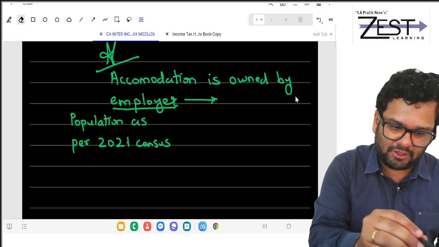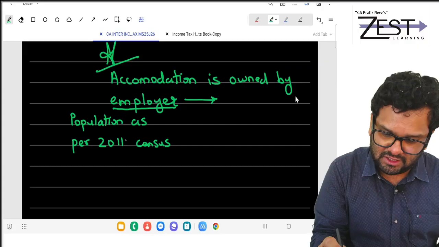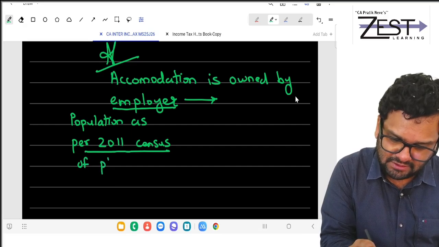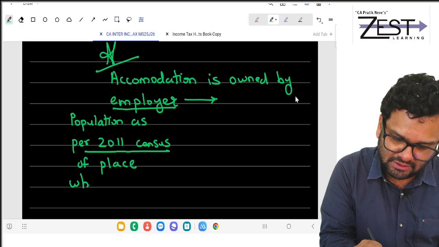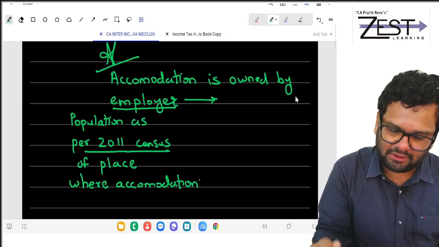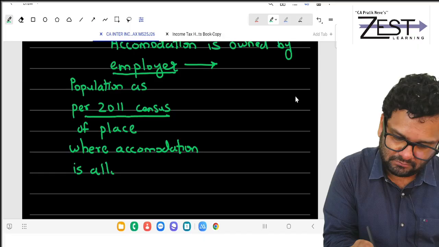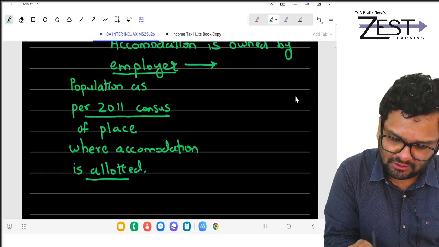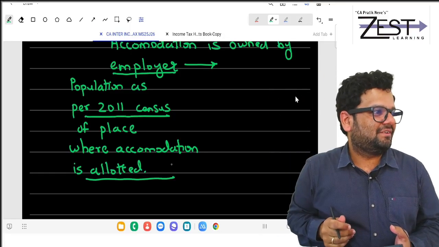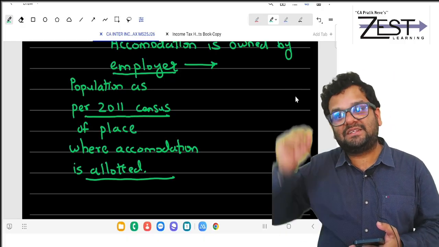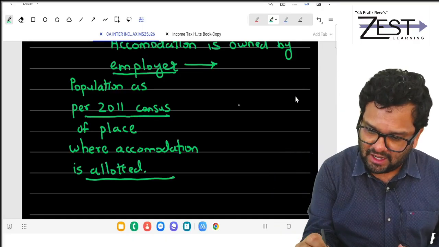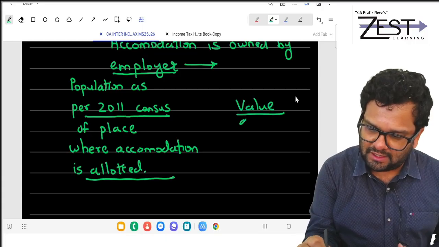You are checking the population of the place where accommodation is granted, where accommodation is allotted. You have to check the population. Higher the population, higher the demand for houses, so higher will be the valuation. That is the logic.